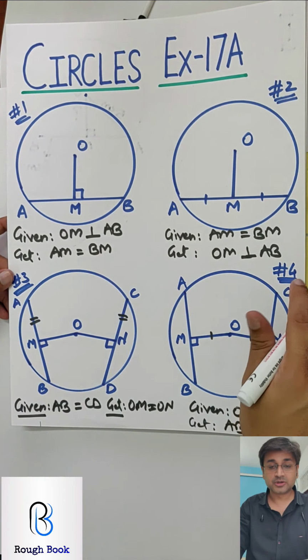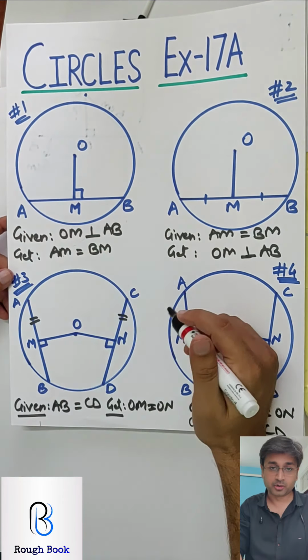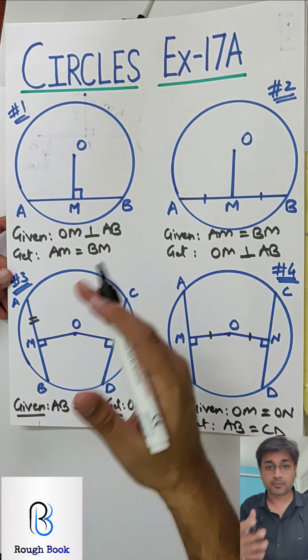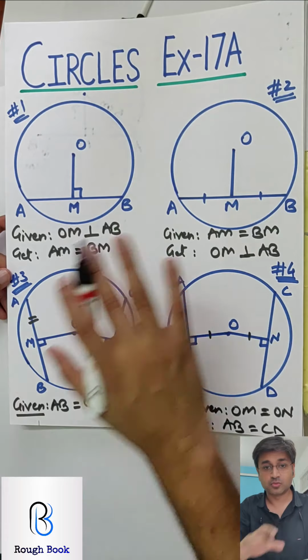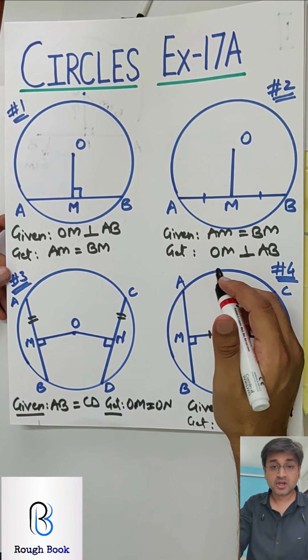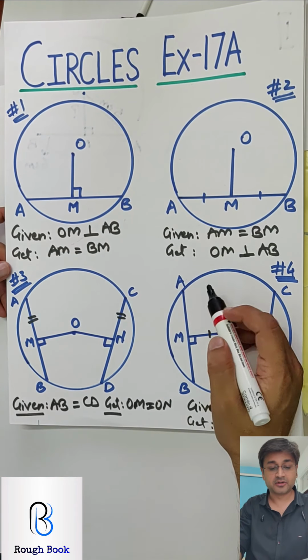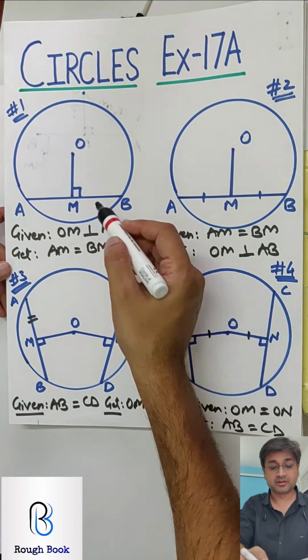Now, to get into circles, you need to first know the basic 4 control keys. If you know these 4 control keys or properties, you will be able to tackle the first exercise very easily. So what are these 4 properties? Let's get into it straight. The first one, you will be seeing it on the screen as well, and you need to learn it because you have to write it as a reason.